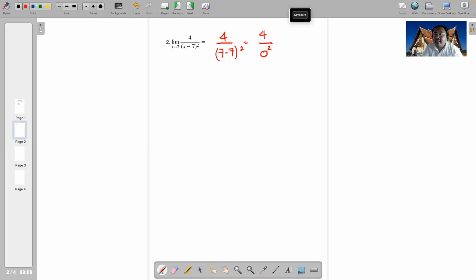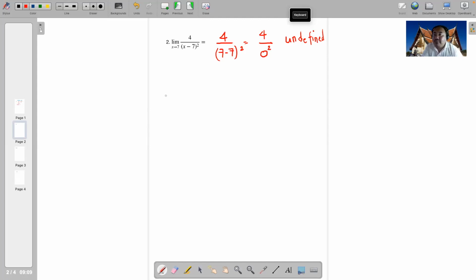We cannot get any description from this, okay? Because this is undefined, 4 divided by exactly 0. If it were like earlier, na 0 minus or 0 plus, then we could have at least a description of how the function behaves. But this is exactly 0.